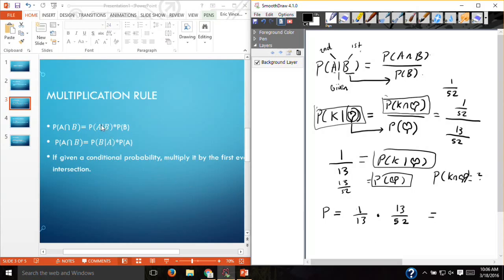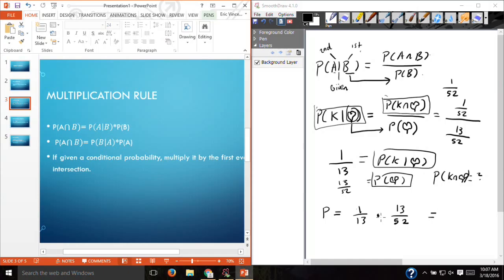Okay, so this is what I'm replacing my given probability. My given probability here was king given a heart, which is 1 over 13, multiplied by my first event, which is this heart right here, 13 over 52.